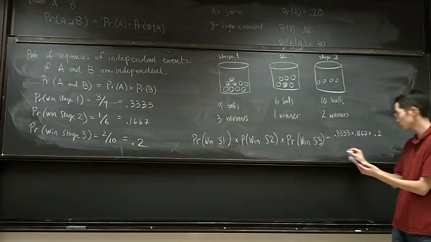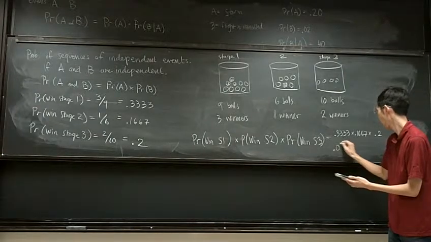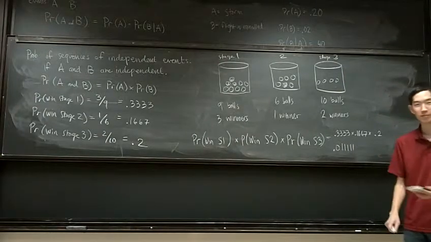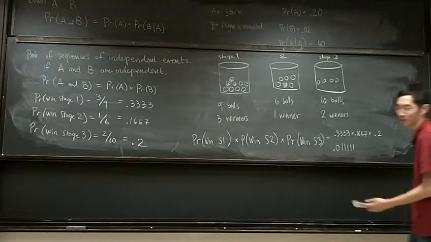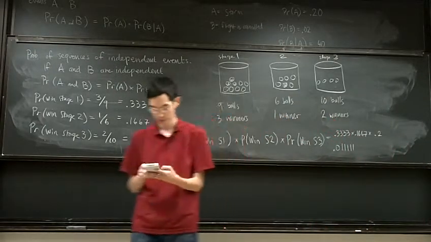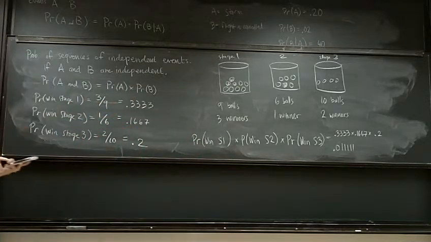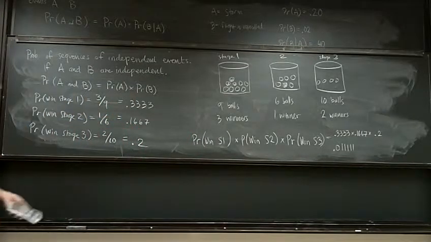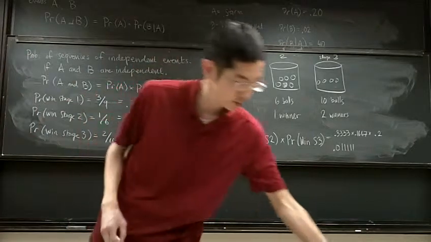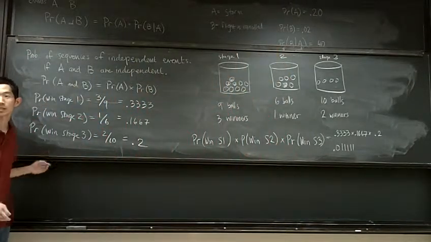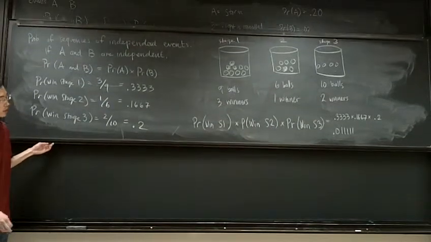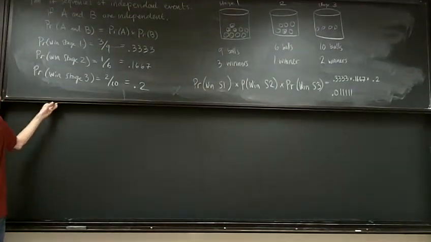Yeah, 0.011111. You don't have to have that. Okay, so it's 1 out of 90 actually. Okay. Yeah, 1 out of 90. Is that okay? Yes.